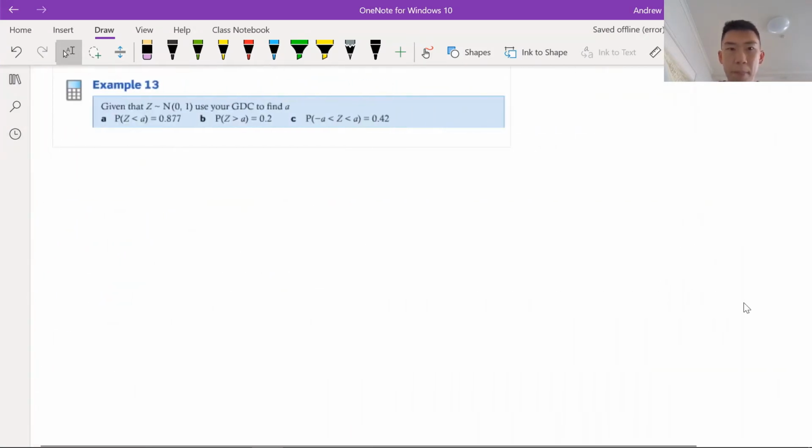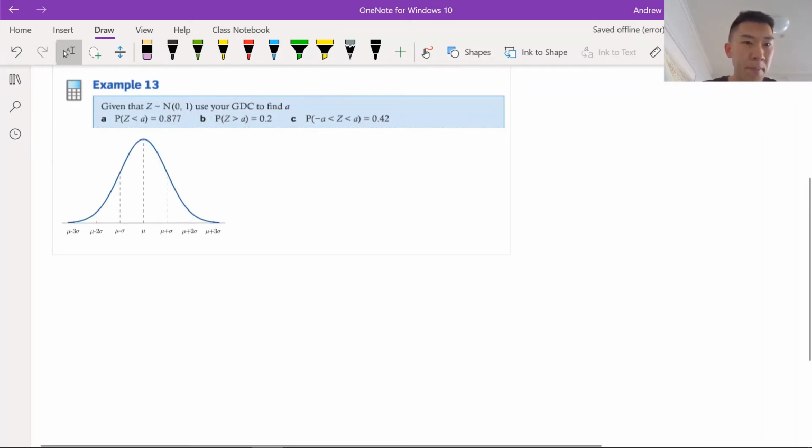Halfway there. Okay. So now we're finding the actual z-score, I call it, that gives you a particular probability. So basically, we're doing the opposite. We're going backwards.